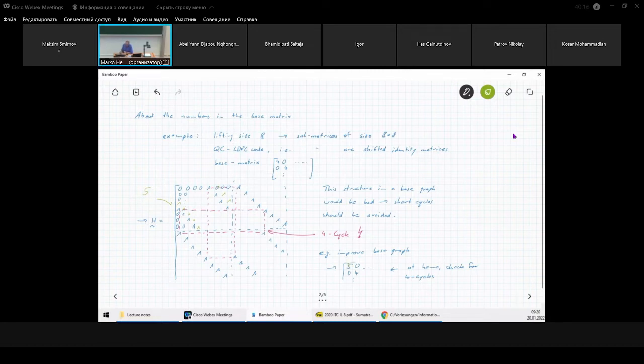And notice already, if I shift the first identity matrix by 5 instead of 4, I will break up all these 4 cycles. I have a way better bit error rate performance if I selected here a 5 in this graph.